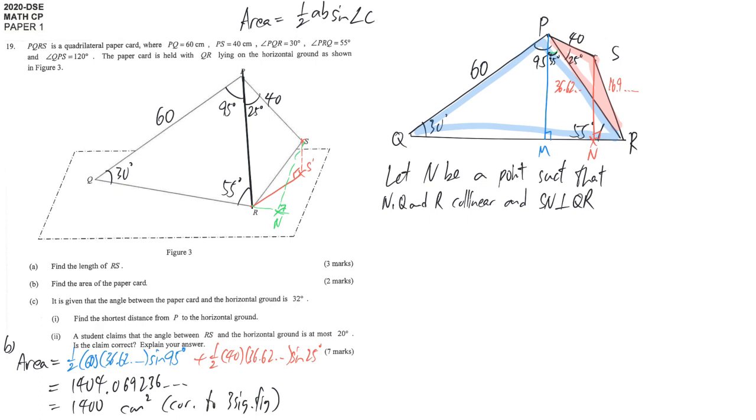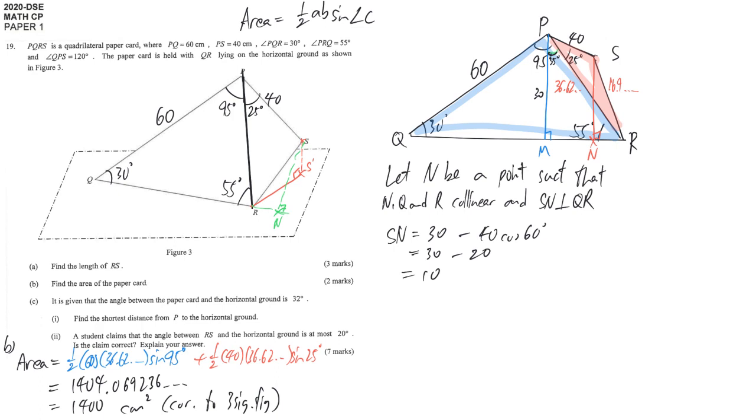So if I use the second method, SN is equal to PM, that means again it's 30, and then minus, this is 60 degrees while this one is 40, so we are talking about 40 cosine 60 degrees, that means 30 minus 20 is equal to 10.